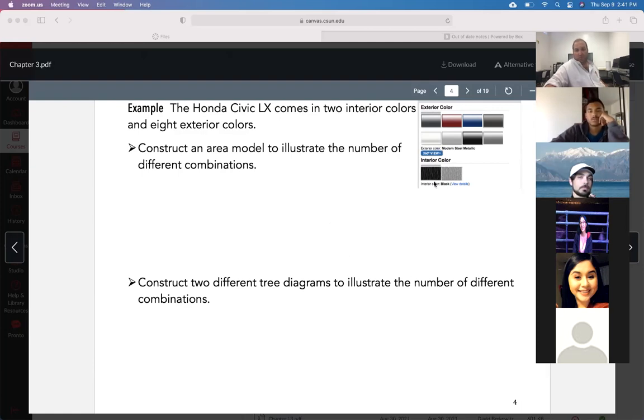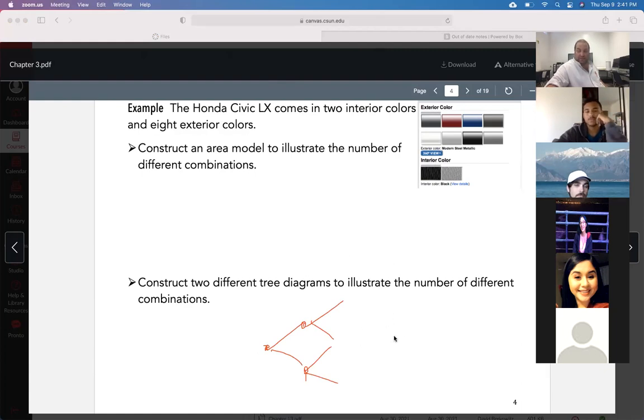For interior, there's 2, and for exterior, there's 8. In your tree model, you always make a choice as your first, so here's the starting point, then you make your first choice, and from them you make your second. Exterior first? Why? Because there's more options.